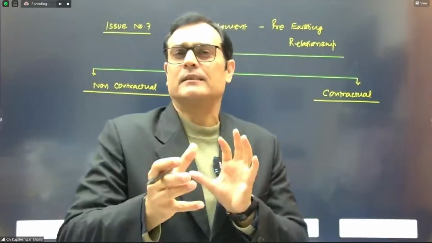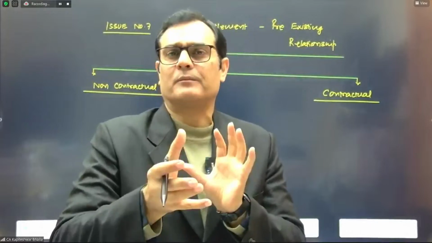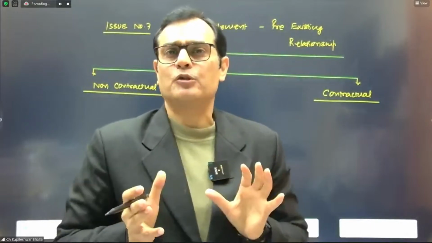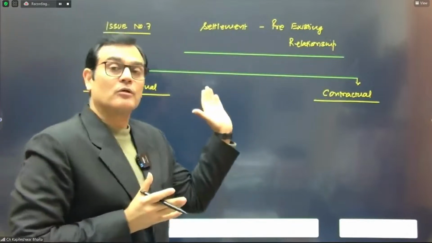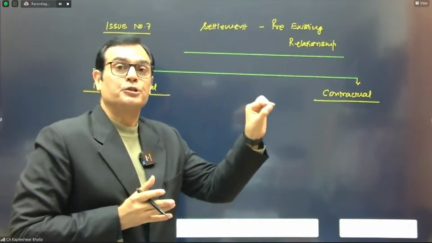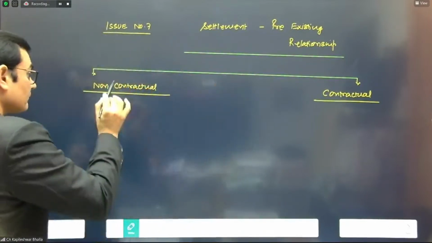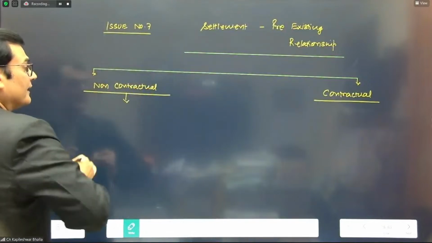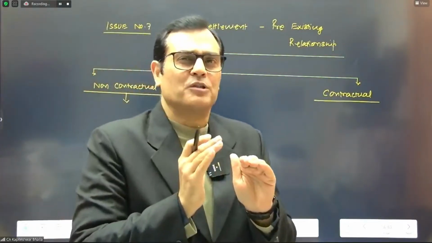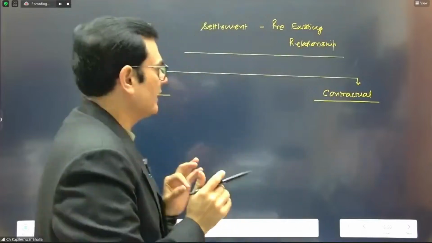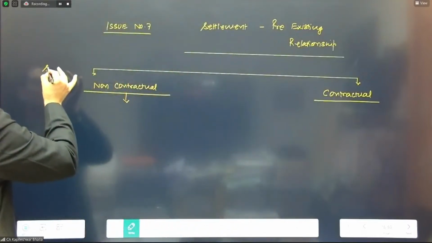So the moment they enter into a license, there is a contract between the two, and it gives rise to a contractual relationship. So at the first instance, zero down on what kind of relationship is there, number one. Once you zero down that it is a non-contractual relationship, watch out carefully. So this is step number 1.